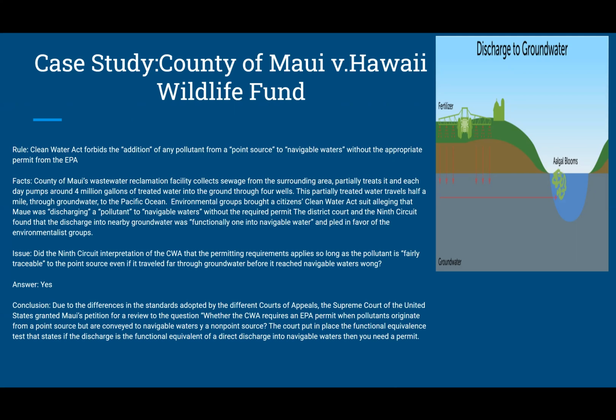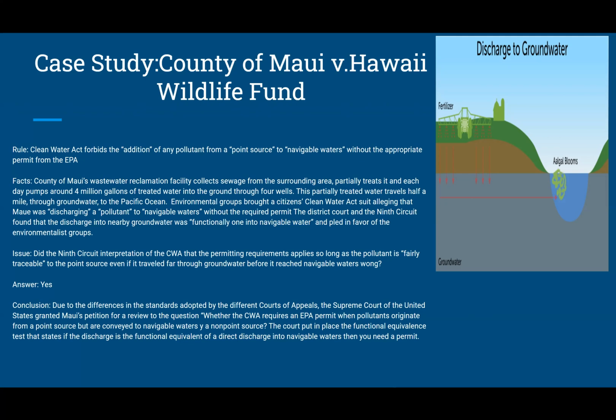The fact is that County of Maui's wastewater reclamation facility collects sewage from the surrounding area, partially treats it, and pumps around 4 million gallons of treated water into the ground through 4 wells. Eventually this partially treated water travels from the groundwater to the ocean, and the environmental groups sued them, alleging that Maui was discharging pollutants to navigable waters without the required permit.